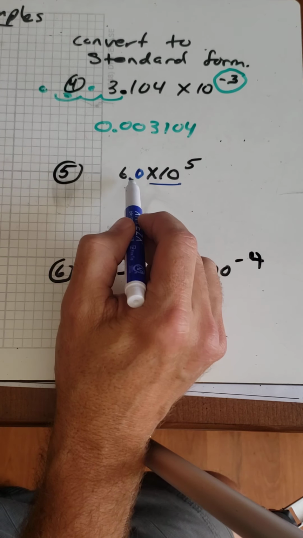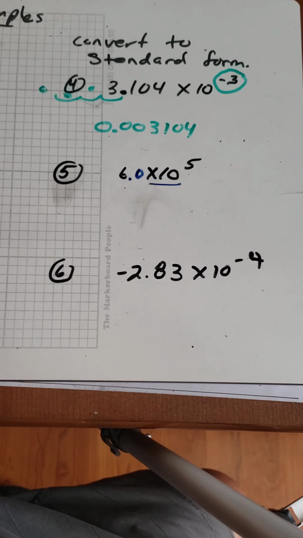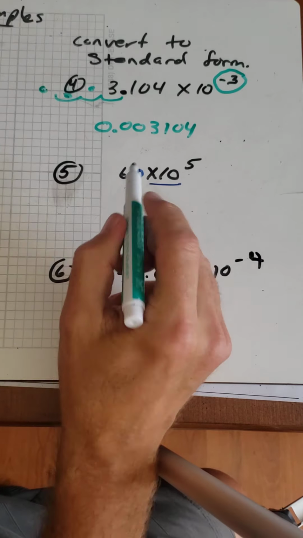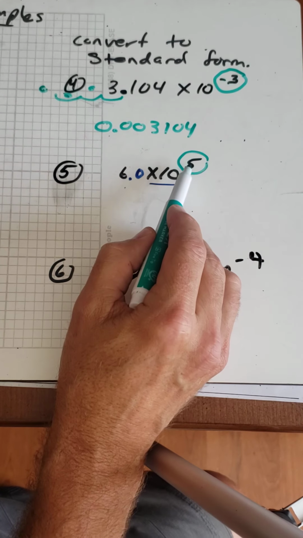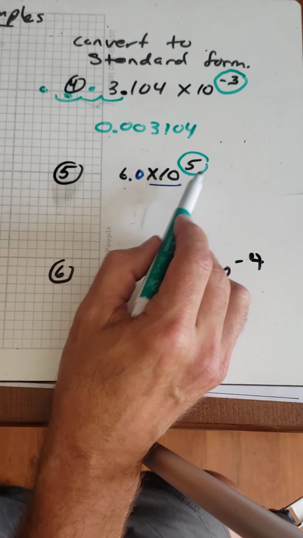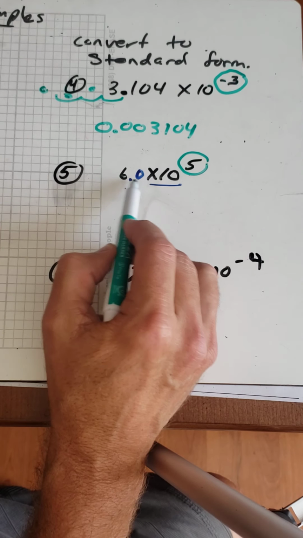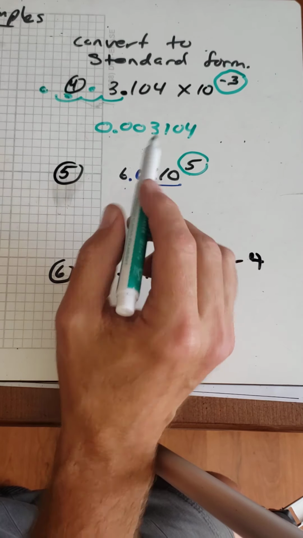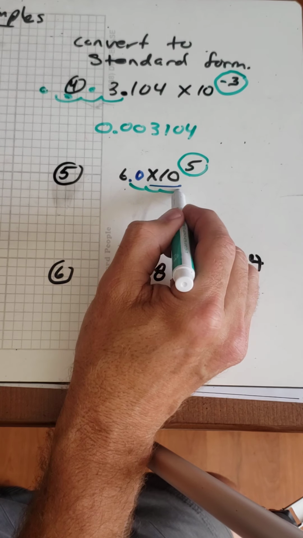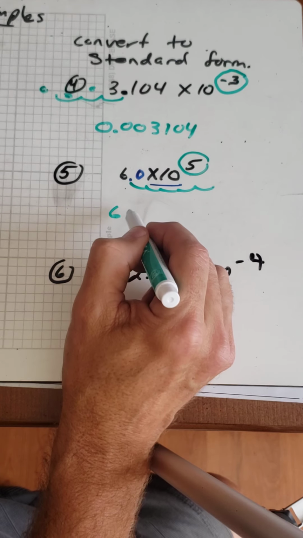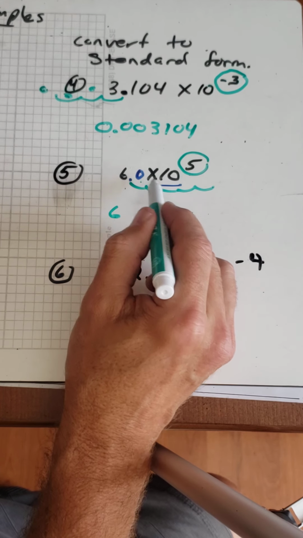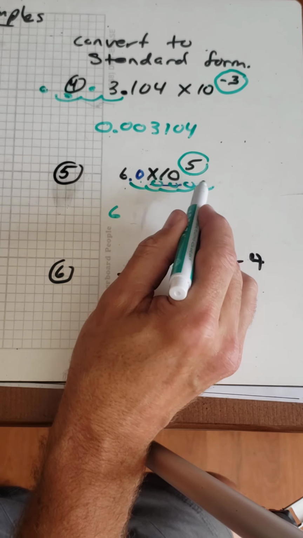So now, when I'm finished, I need this final number to be bigger than 1, because that's a positive. So since that's a positive, this final number has to be bigger than 1. So that means I have to move it that way 5 times. So it's going to be 6, and then I move it 1, 2, 3, 4, 5.